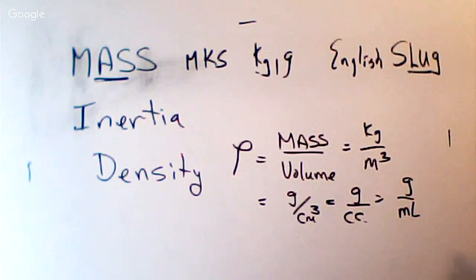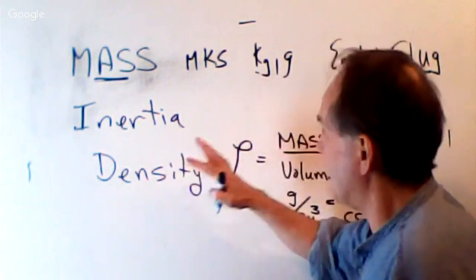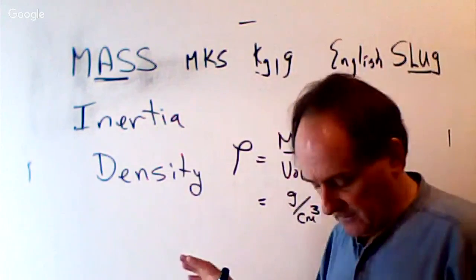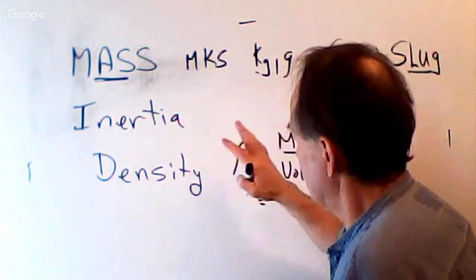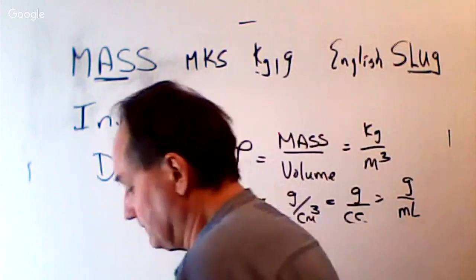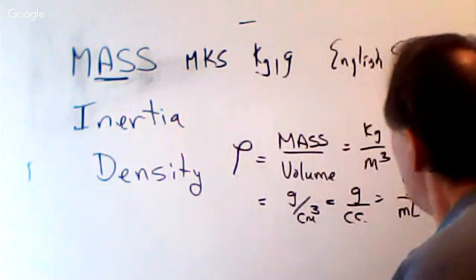Density is a figure of merit in a sense. It tells us how compact an object is. The more dense an object is, the more concentrated the matter is in a given volume. So that's all density is.